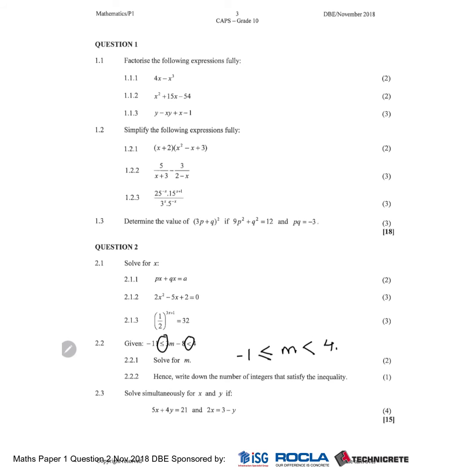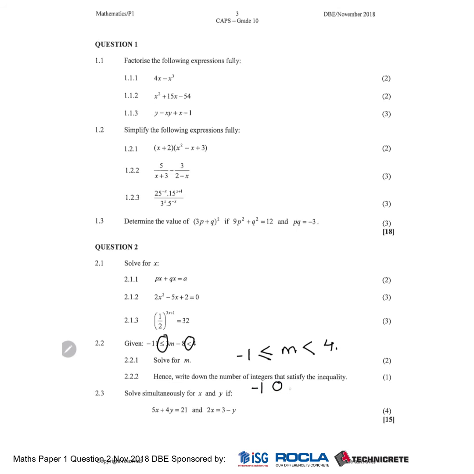2.2.2 wants us to write down the number of integers that satisfy this inequality. That's basically all the numbers that can fall into this category without breaking any of the rules. So let's count. Since minus 1 can be equal to that, we'll count that.